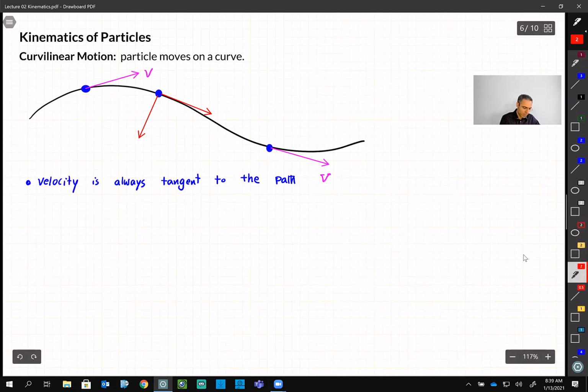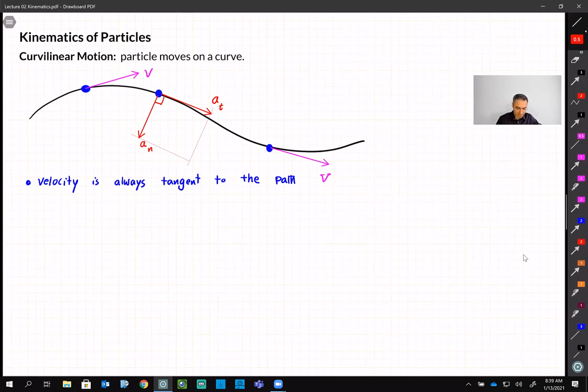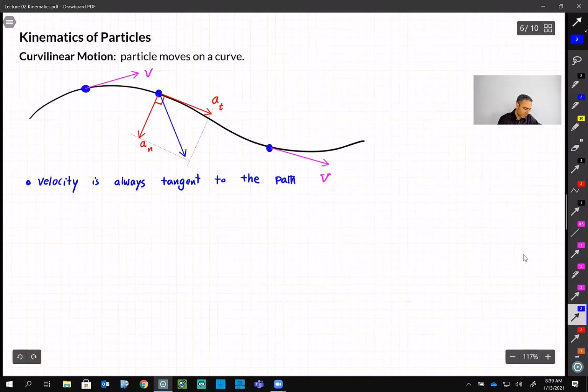We call this one AT, tangential, and this one AN, normal. If we find the resultant acceleration, combining these two, the result is not tangent to the path. It can be any vector. So this is A, total A.